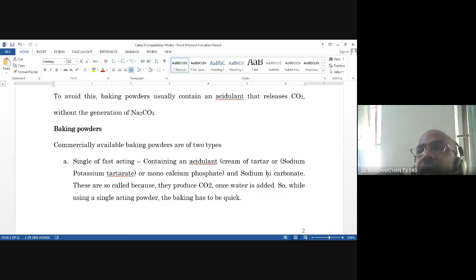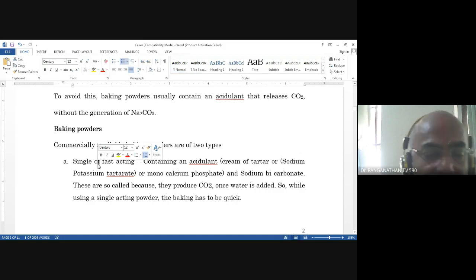Instead of making the carbon dioxide liberate at room temperature, I modify the condition such that it is available at the temperature of baking, which is more than 100 or 150 degrees centigrade.